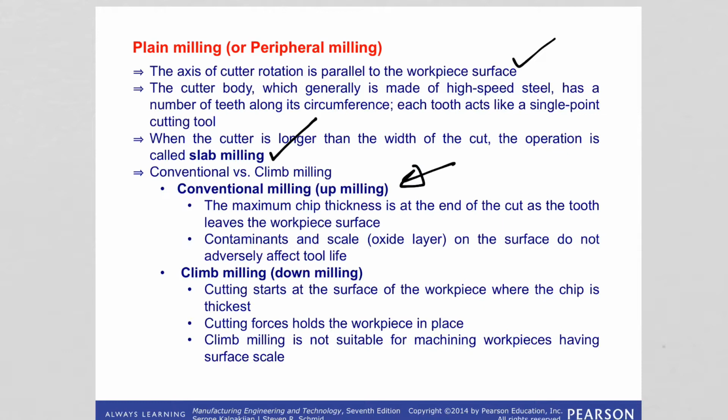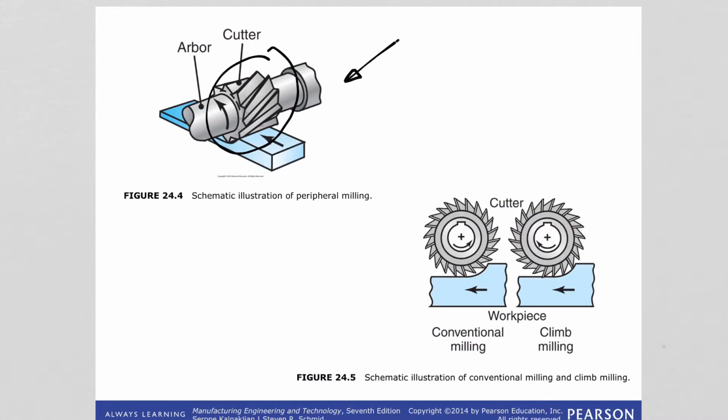In this one, the cutter rotates against the direction of feed of the workpiece. As you can see, the cutter rotates in this direction. The workpiece is moving in this direction. So we can say the cutter is moving counterclockwise, right?